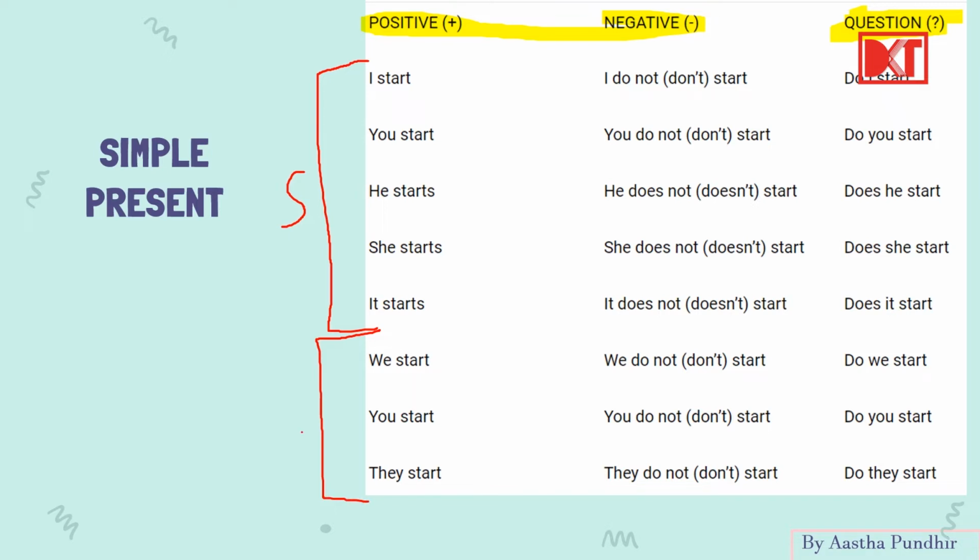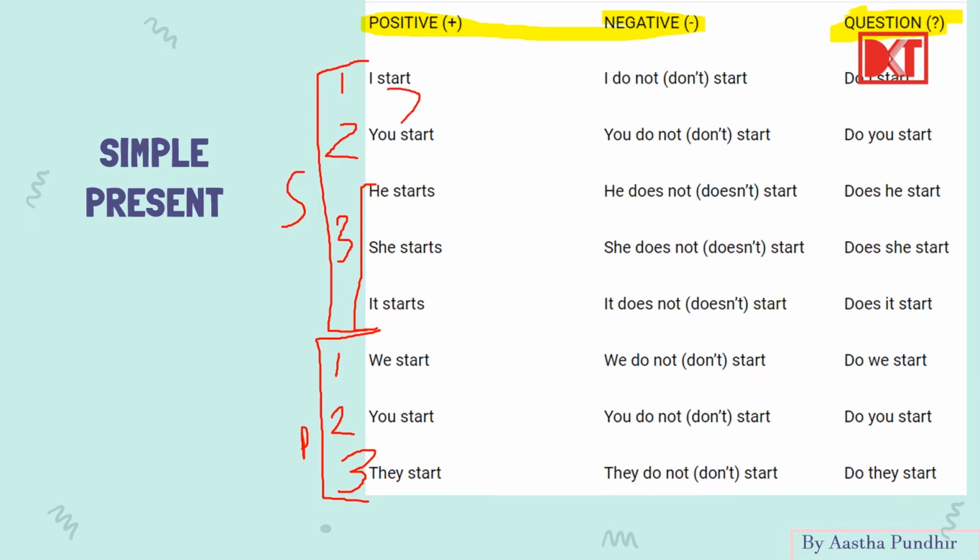All these are plural. Then I, first person, you is second person, he, she, it. All these are third person. We is first person, you is second person, they is third person.